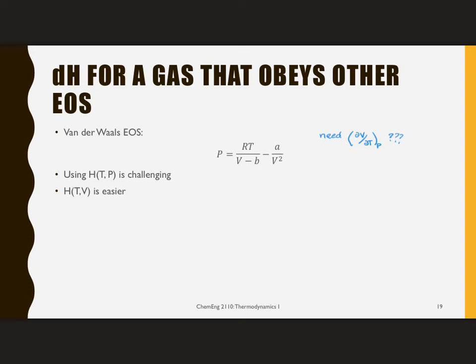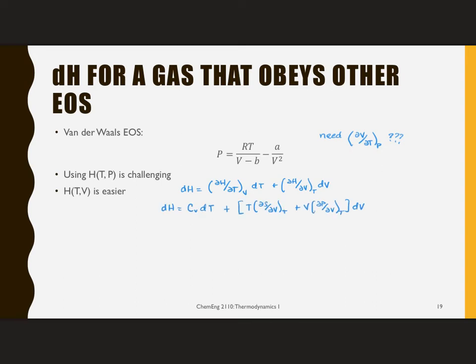So let's go through the steps that we just did to find H as a function of temperature and pressure. First, we'll write it in differential form, where T and V are my variables: dH equals dH dT at constant V dT plus dH dV at constant T dV. dH dT at constant V is the definition of C sub V. For dH dV at constant T, I'll use the fundamental relation.